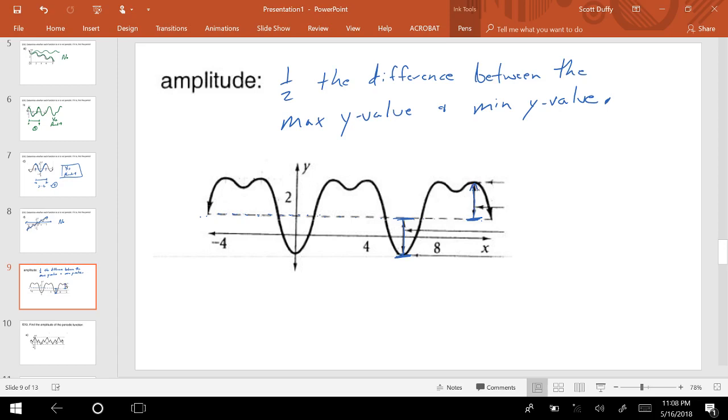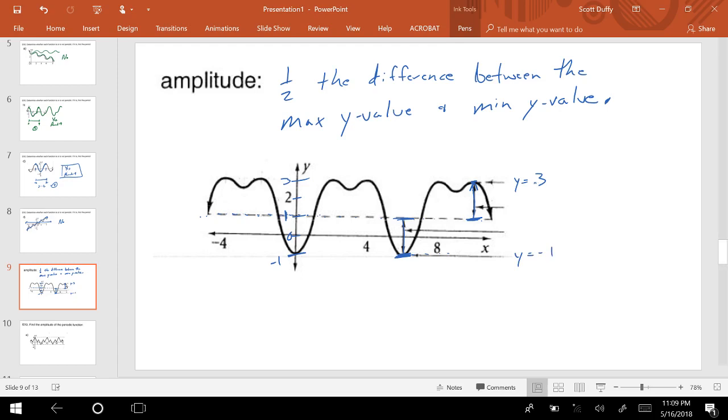Now let's look at this. If this is where 2 is, that would be where 1 is, 0, -1, and then 3. What we see is that the maximum, the very top peak of one of these curves, is at a y value of 3. The very bottom peak, or valley I should say, is at a y value of -1.